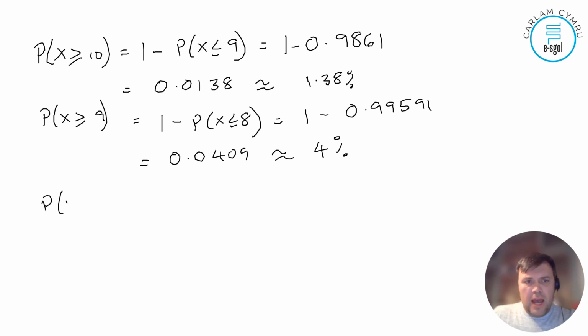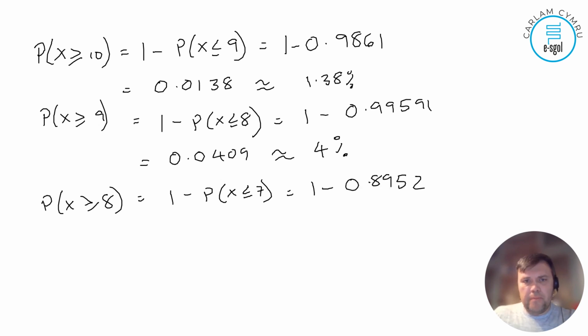And then P(X greater than or equal to 8) is 1 minus P(X less than or equal to 7), which is 1 minus 0.8952, and that is equal to 0.1018, which is approximately 10%.